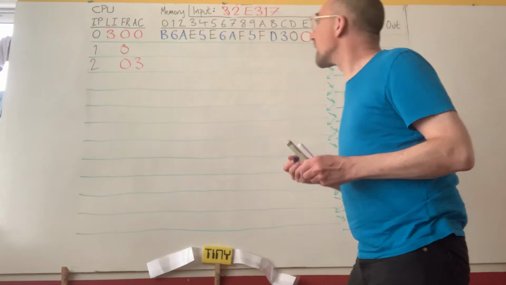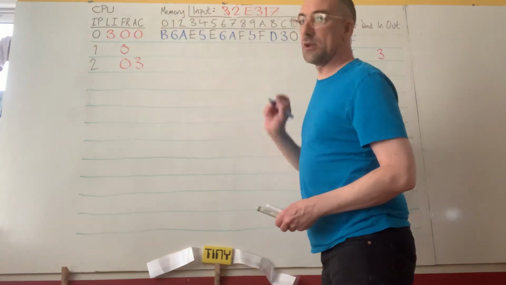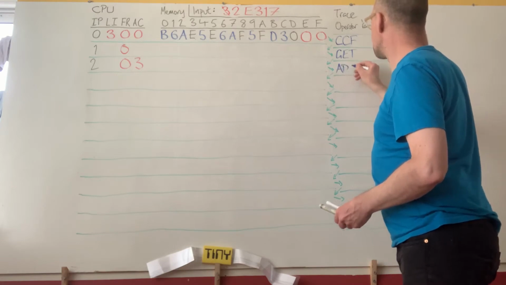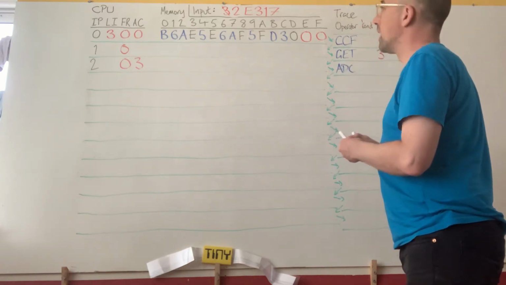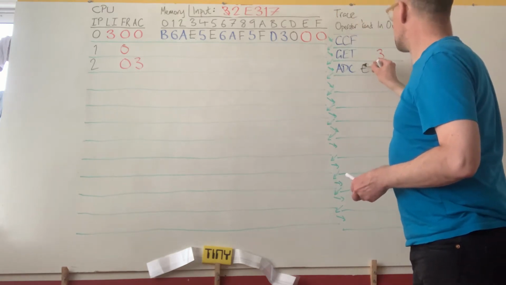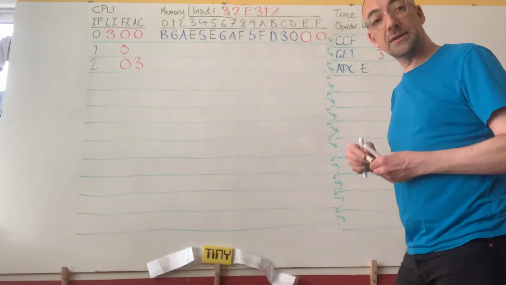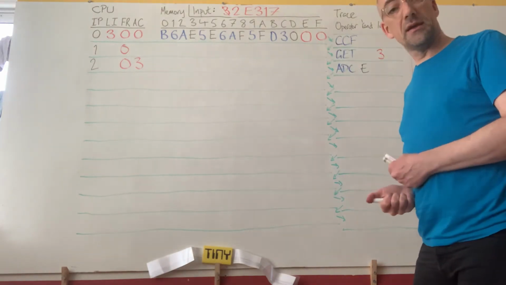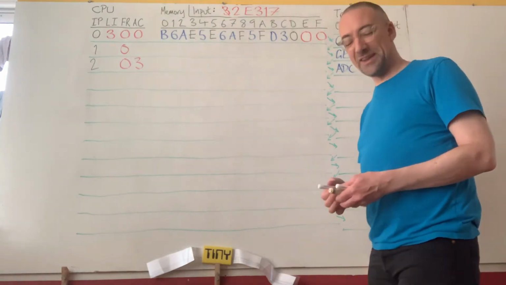Ooh, clumsy. Now what's at location 2? A for add with carry, and the operand is here at location 3, and that's E, which tells us where to find what to add. So what is in location E is a 0, and that's nice and easy.